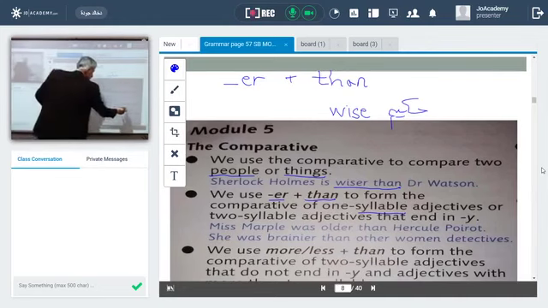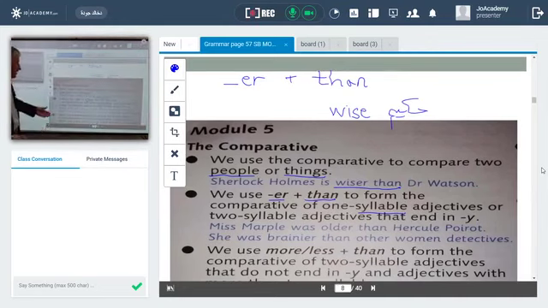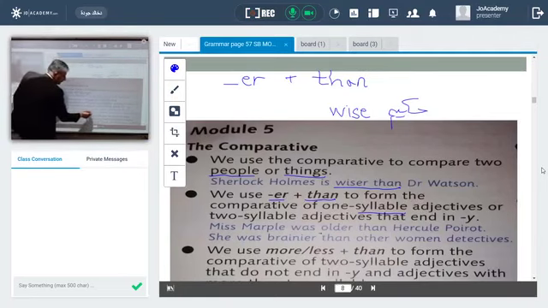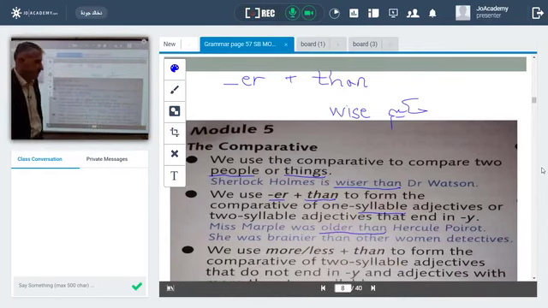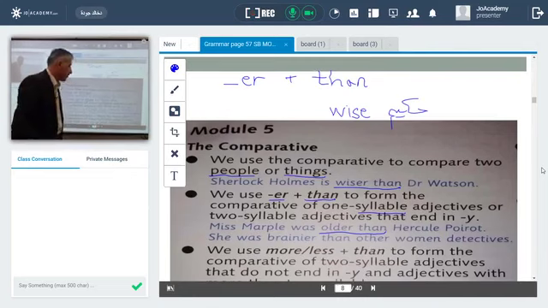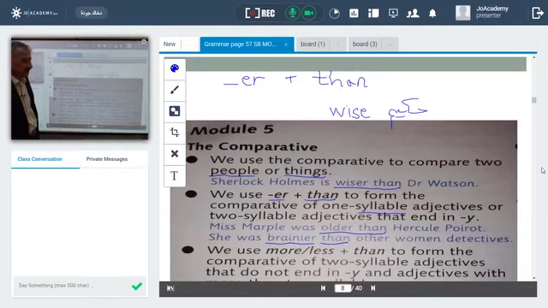That end in y, like Miss Marble was older than Hercule Poirot. She was brainier than other women detectives.